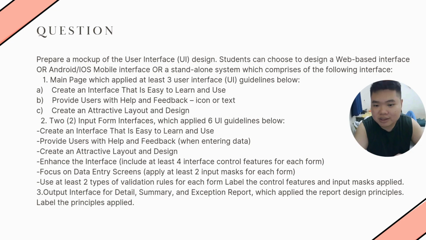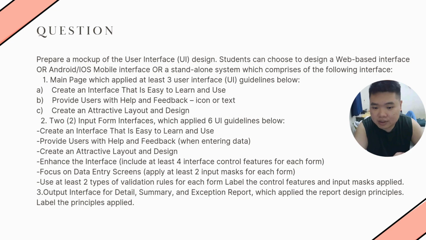The second question is to give two input form interfaces which apply six UI guidelines below. Create an interface that is easy to learn and use. Provide the user with help and feedback when entering the data. Create an attractive layout and design. Enhance the interface: include at least 4 interface control features for each form.